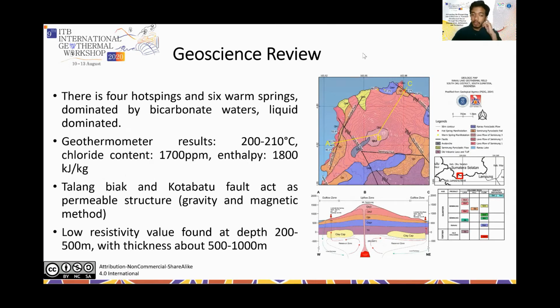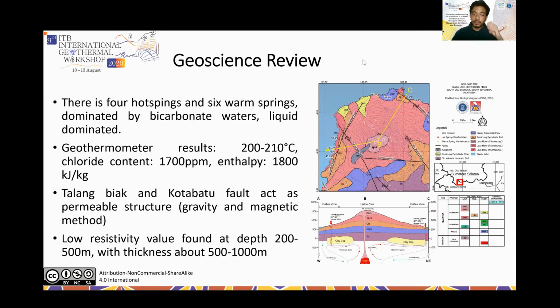And then the geothermal field is indicated by the presence of surface manifestations in the form of hot springs and warm springs, without any gas manifestation indication on the surface.